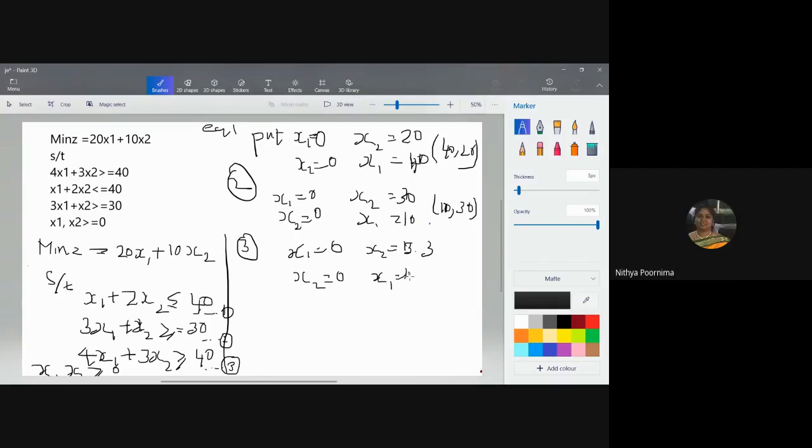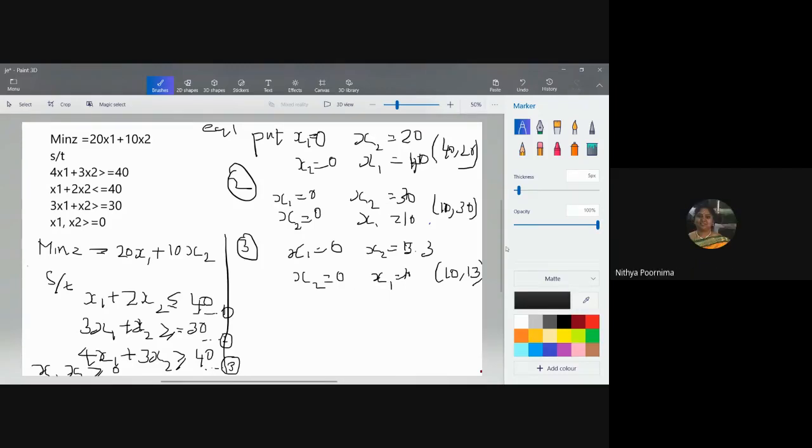So these coordinates will be 10 comma 13.3. You can round it up since it is 13.3, I'm going to keep only 13. Okay? Is it clear? You got the coordinates. Is it clear, boys? Shall we proceed to the graphical position?